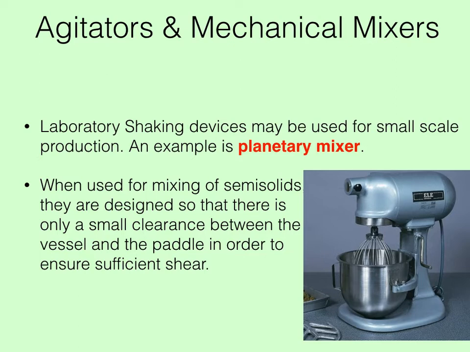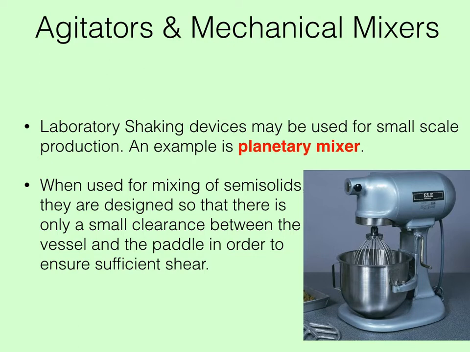Large machines which operate on the same principle are used in the pharmaceutical industry. When used for mixing of semi-solids, as you can see in this diagram, they are designed so that there is only a small clearance between the vessel and the paddle in order to ensure sufficient shear.